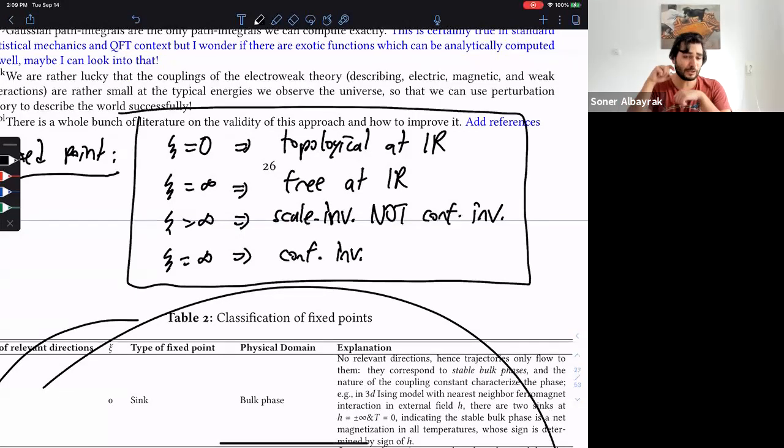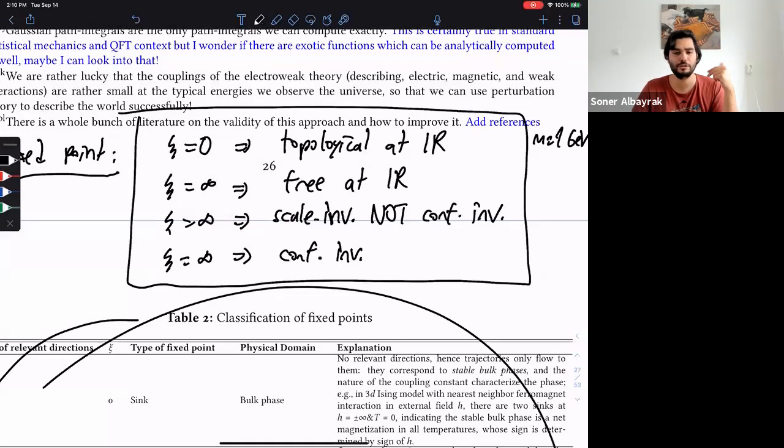Now, when I say topological, it basically means that there are no massless degrees of freedom in the theory. If you go to very, very low energies, you don't have any degrees of freedom left, because all degrees of freedom are massive. Let's say the lowest mass is 1 GeV. If you go to 1 keV, 1 kilo electron volt, then you cannot really excite this particle.